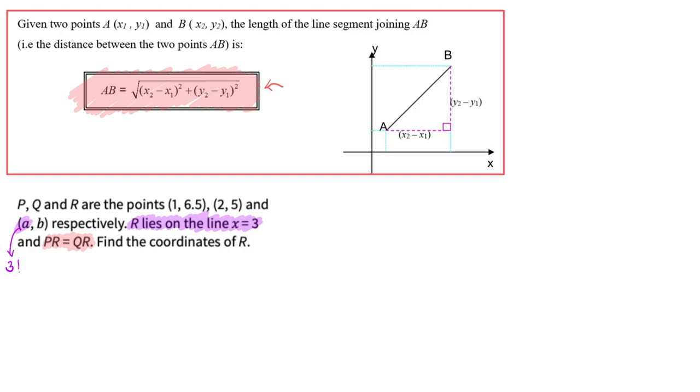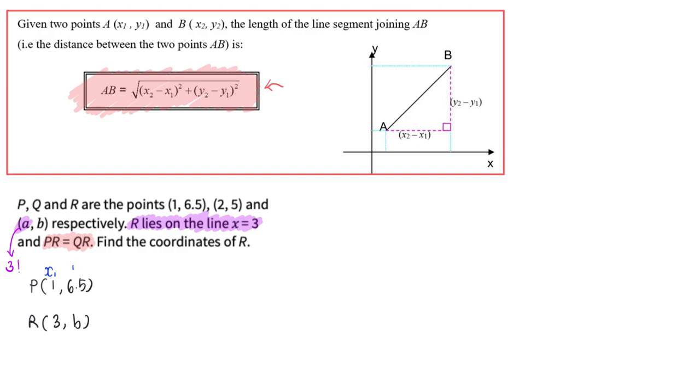Okay, using this next piece of information, PR equals QR. Alright, so without further ado, usually I do like to write this down. If it's PR, that means my P is 1, 6.5, my R in this case, I already know my A is 3, and B we don't know.